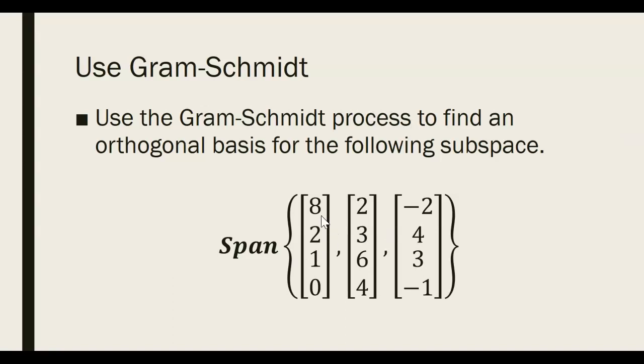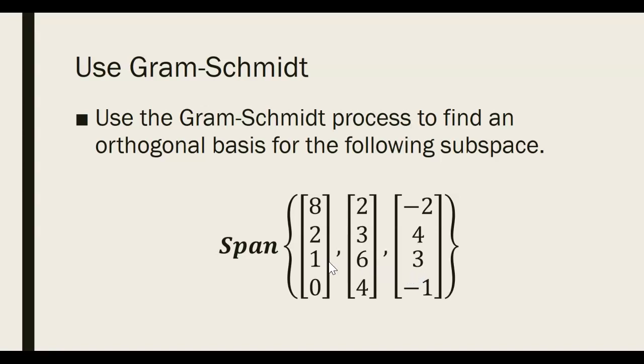Now, earlier we found an orthogonal basis for the span of the first two elements of this set. I want you to find an orthogonal basis for the span of all three elements of this set.